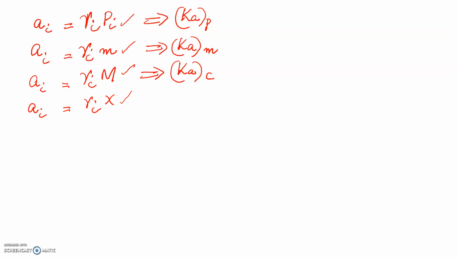Rather than capital M, we will write it as Kc, and when representing activity in terms of mole fraction, we can write it as Kx. Thus, we see that there are 4 types of thermodynamic equilibrium constants depending on the units in which activity is expressed.